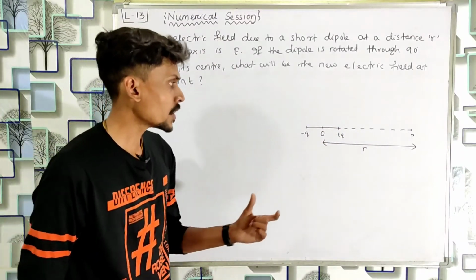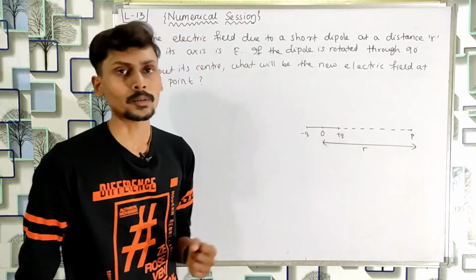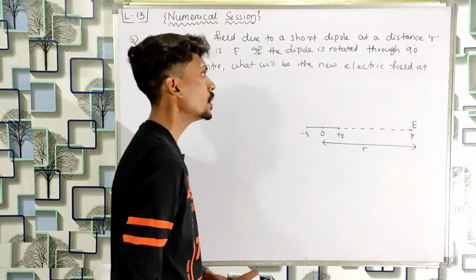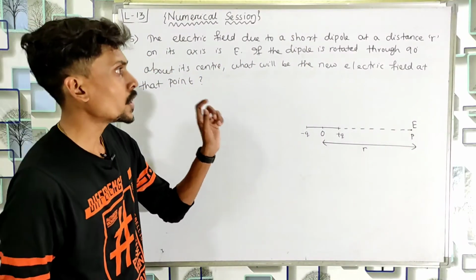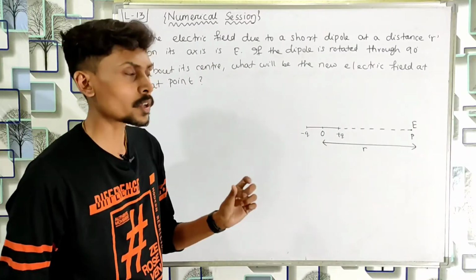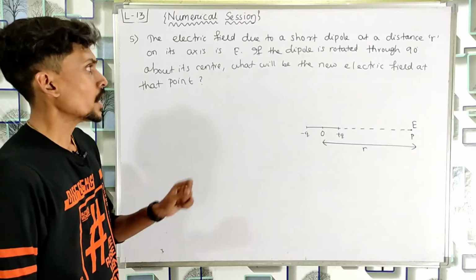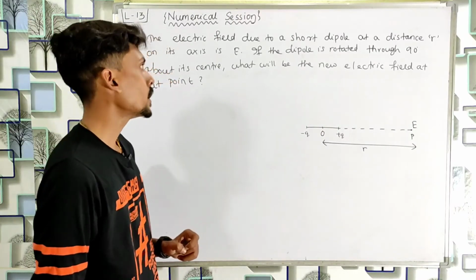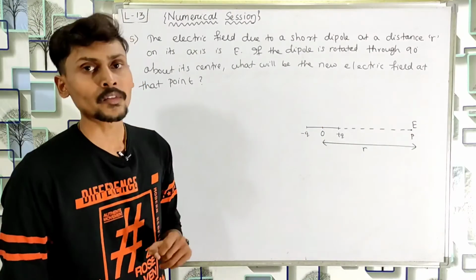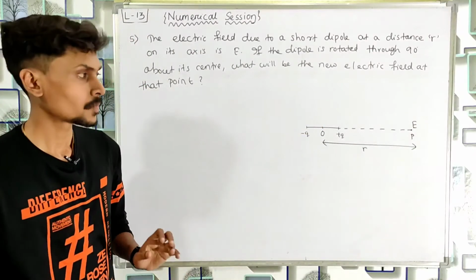It is given that the electric field due to this short dipole at this point P is E. Now, if the dipole is rotated through 90 degrees in any direction, you may rotate it in the clockwise or in the anti-clockwise direction, then what will be the new electric field at that point P?